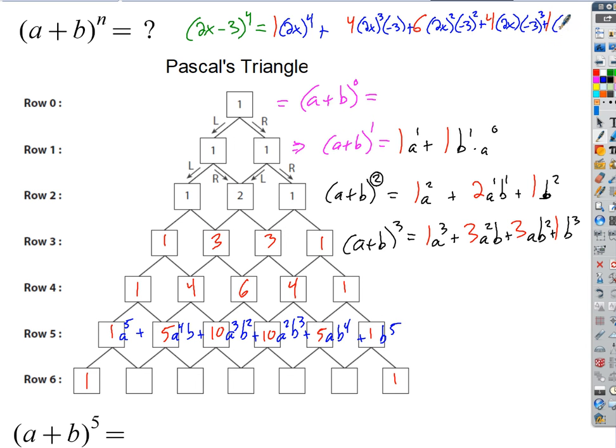Then finally plus negative 3 to the 4th. Right? And then we just simplify each term. Okay? But no big deal. All right? So that's reasonable to do up through probably rows 7 or 8. It's pretty easy to just crank out a Pascal's triangle if you ever need to, right? Rather than have to memorize the binomial theorem.